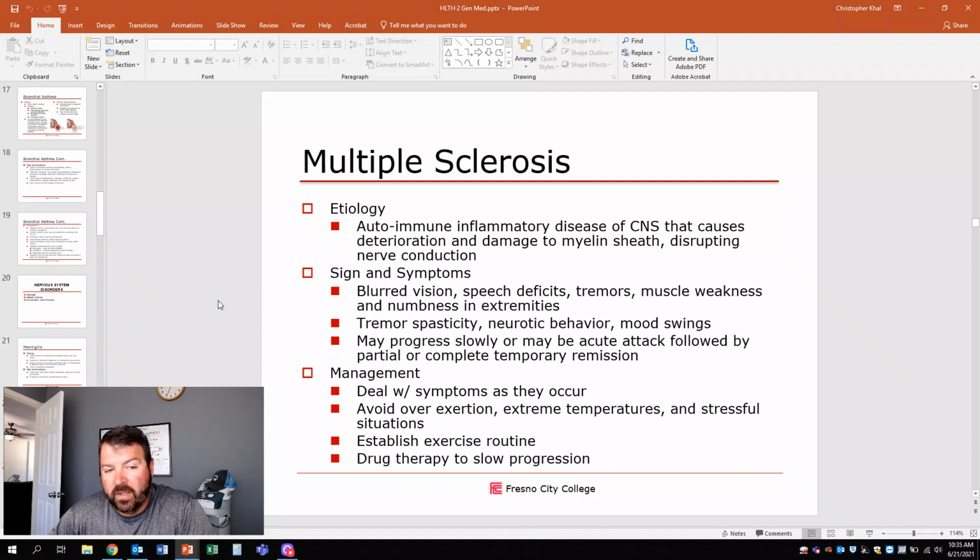Management: deal with symptoms as they occur, avoid overexertion, extreme temperatures, and stressful situations. Exercise routines are very, very important. Drug therapy slows down progression. The drug therapy in the last, I believe, 10 to 15 years has been phenomenal.